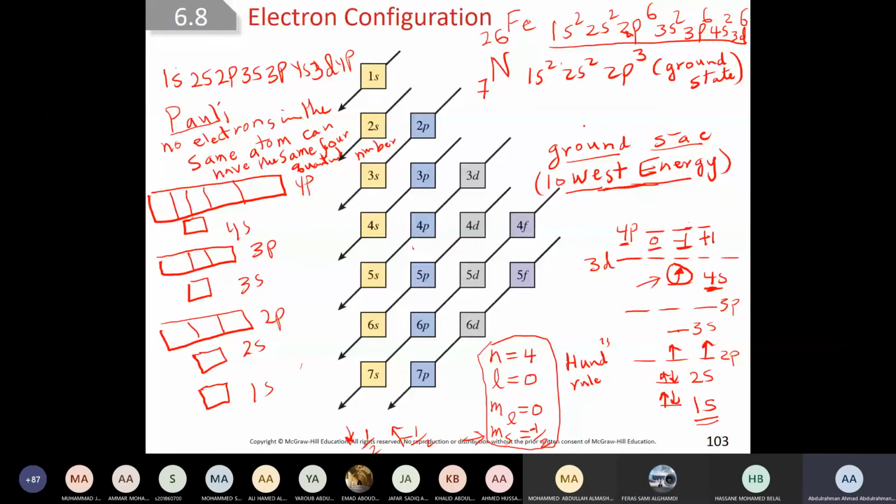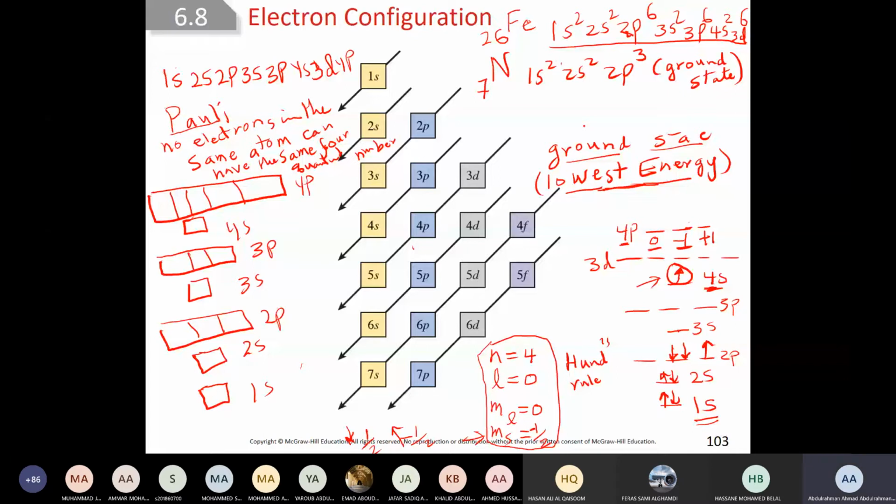I'm still drawing the structure of nitrogen. Is this correct? Yes, it is correct, but it is an excited state. Very good. Let me do one more thing. Let's take this away and do it this way. Is this okay?